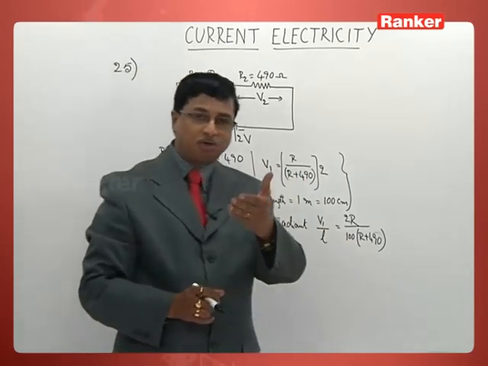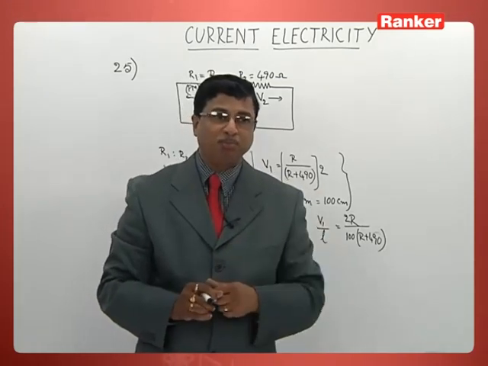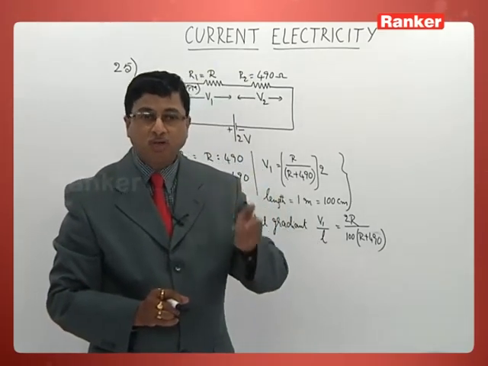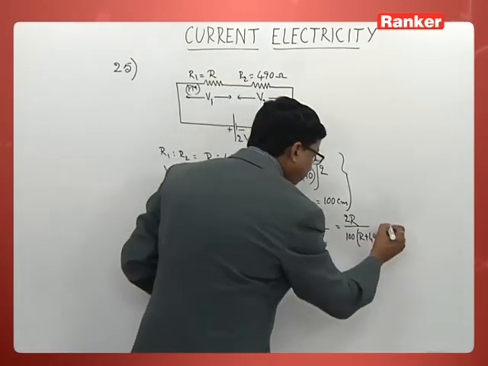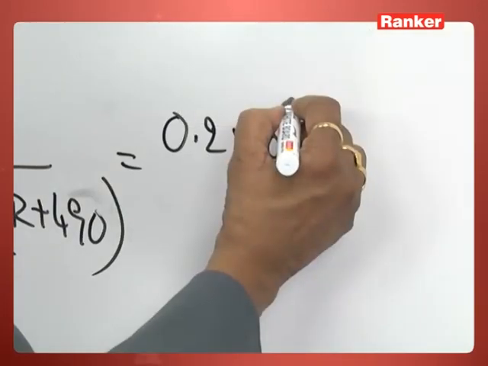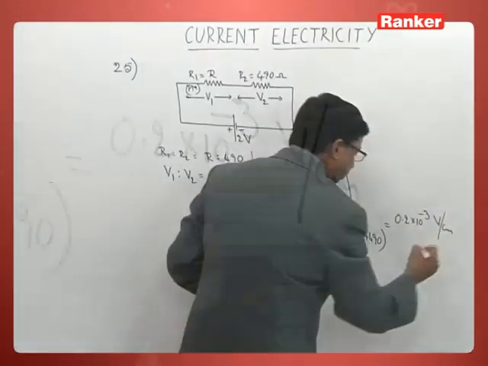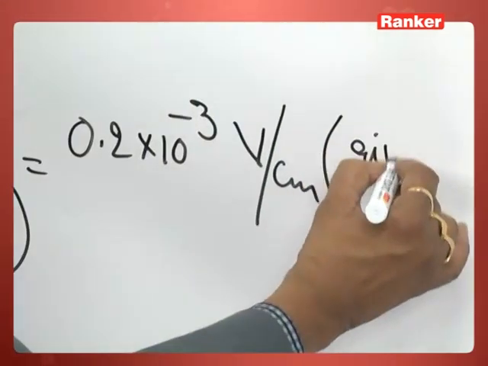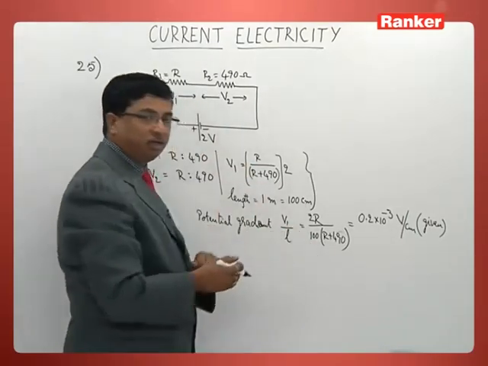But if you look into the problem, the potential gradient is already given. What is that value? 0.2 millivolt per centimeter. So this potential gradient is equal to 0.2 millivolt, that is 10 power minus 3 volt per centimeter. This is given in the problem, and this value I have calculated from the formula.